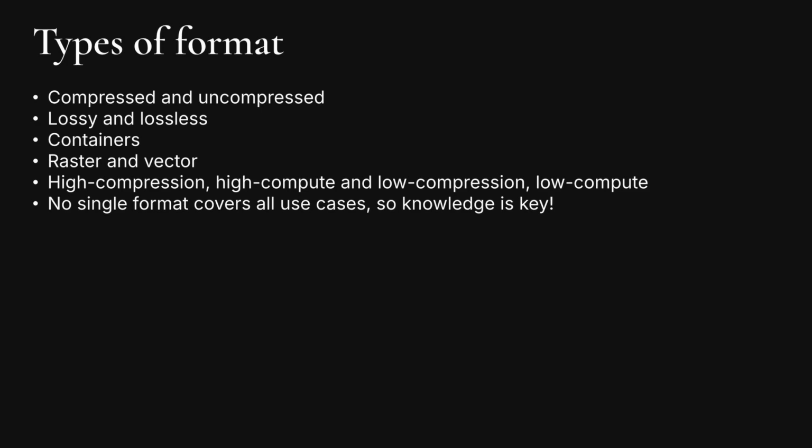There are loads of places where we might want something very high compute because we need to squeeze it as much as we can. If we've got high compute capabilities but low bandwidth, we might lean in that direction. The flip side is if we've got high bandwidth and low compute, like a smart TV connected to a gigabit internet connection, then the amount of compression squeeze we put onto something isn't as important.